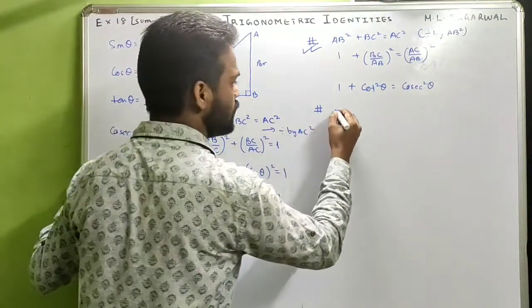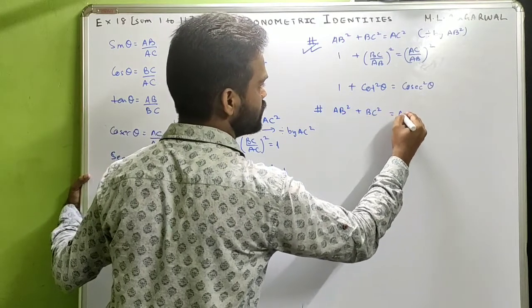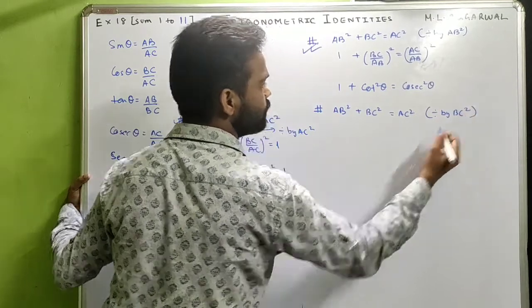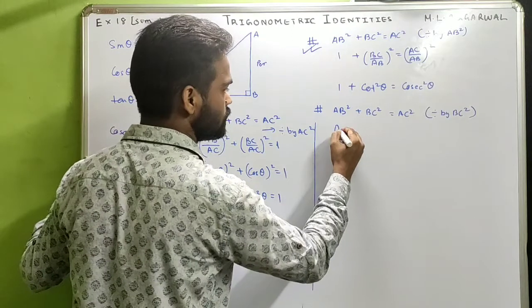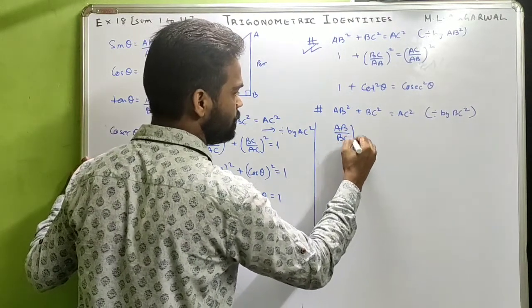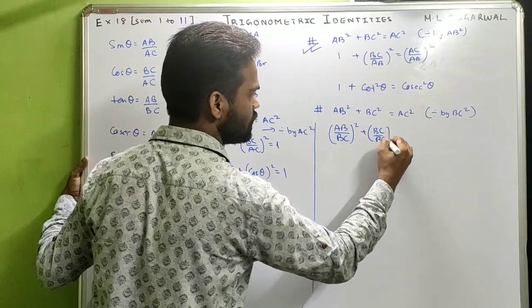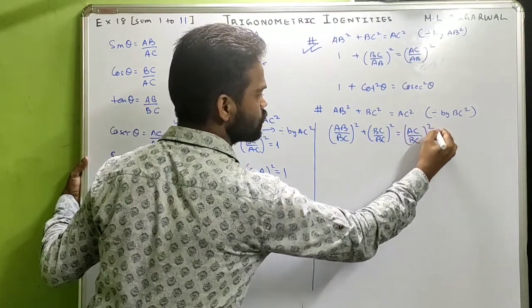One more. Again, AB² + BC² = AC². This time I'll divide by BC². So what do I get? I get (AB/BC)² + (BC/BC)², that will be 1, and this is (AC/BC)².